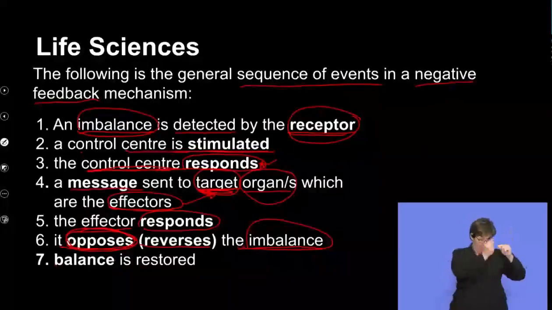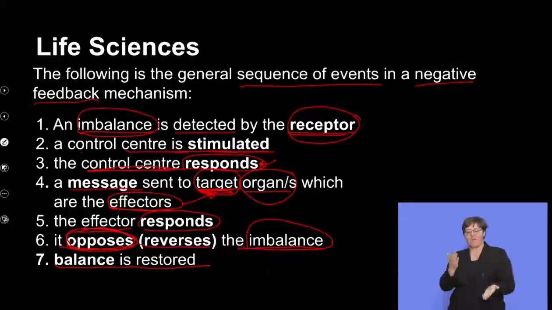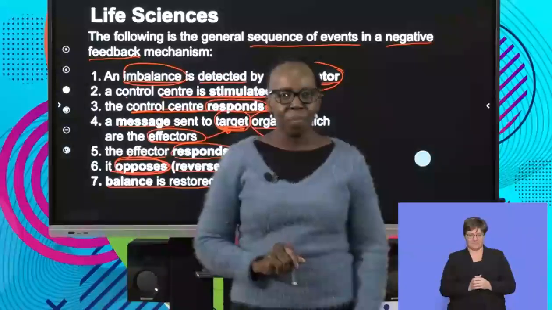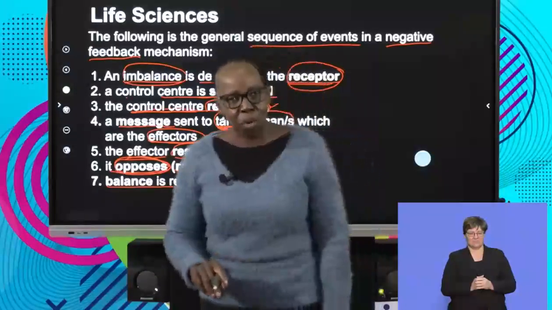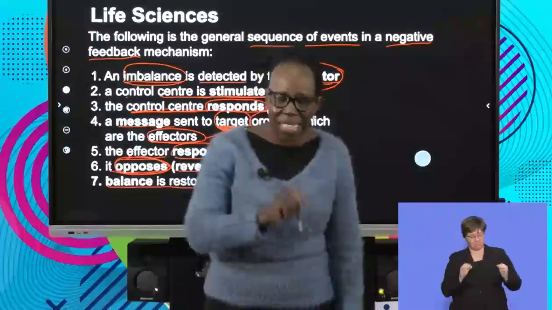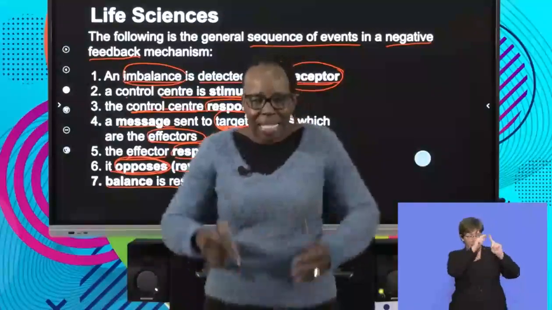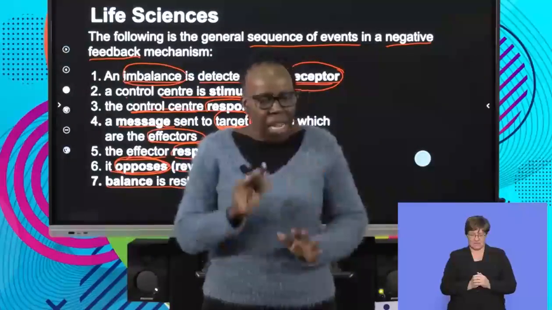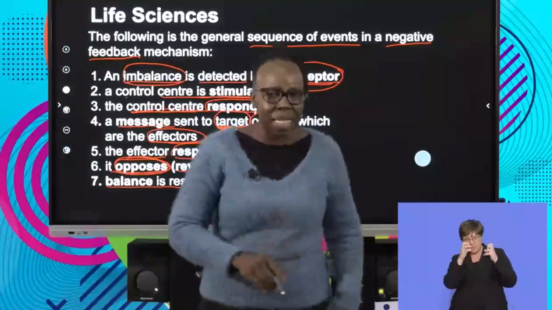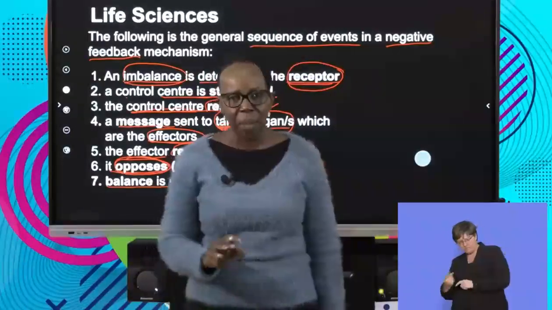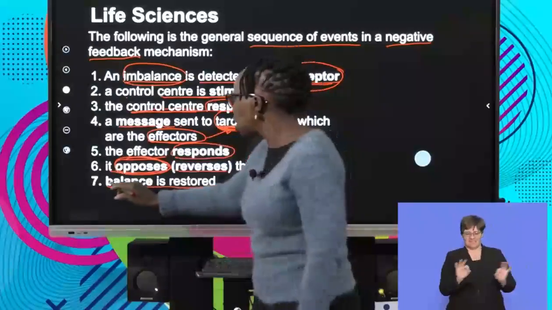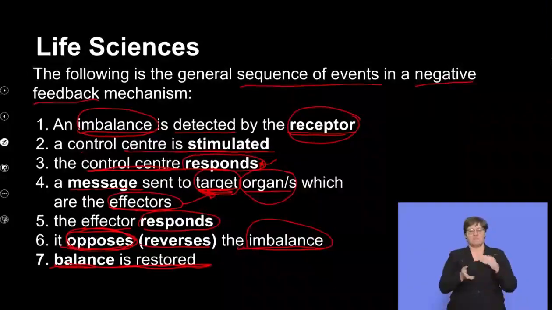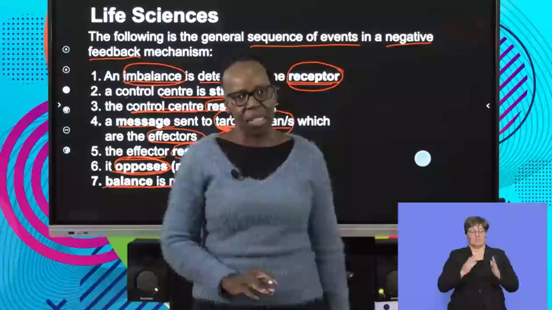The balance in the internal environment will be restored, which means now whatever was detected as being imbalanced inside our body, after the reverse has been done, the body goes back to its balanced situation, or it restores the balance inside the body, which means homeostasis now took place.